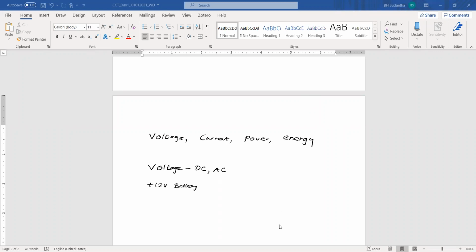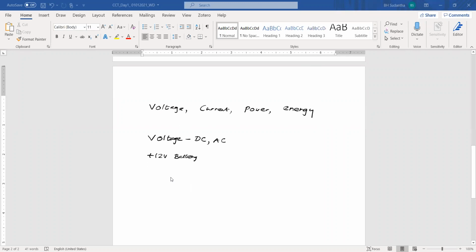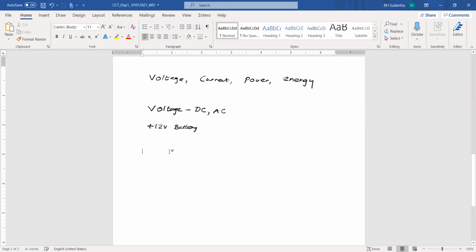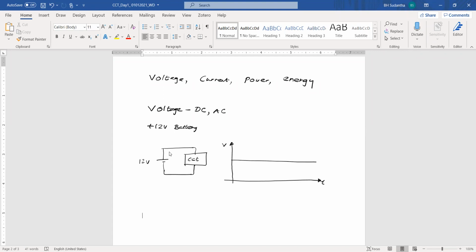Okay, then it's a 12 volts battery. This 12 volts battery can provide this 12 volts all the time. And when you apply this 12 volts to a circuit, whatever the circuit is here, it doesn't matter. Here we have a circuit and we are applying power to this one. Then we can draw the power waveform over a period of time. This 12 volts is there.